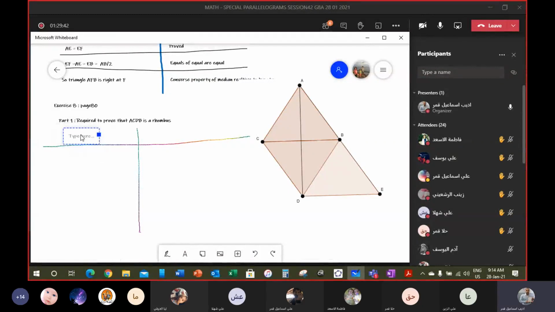Come on, Tia, required to prove that ACDB is a rhombus.